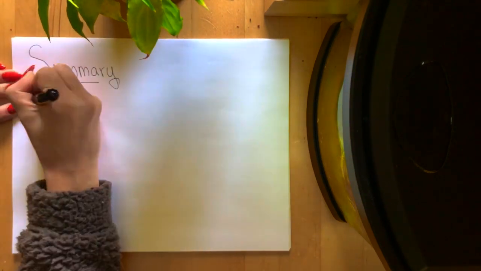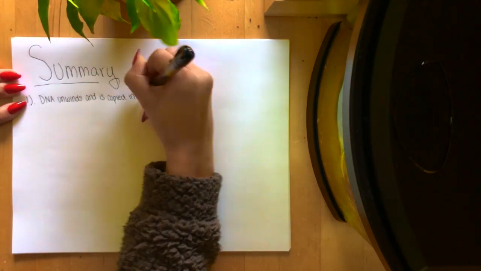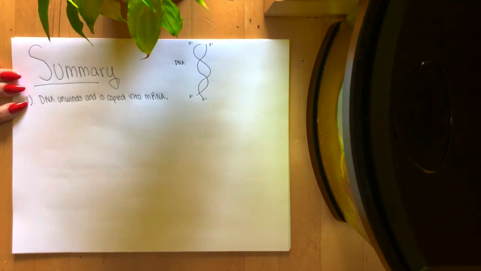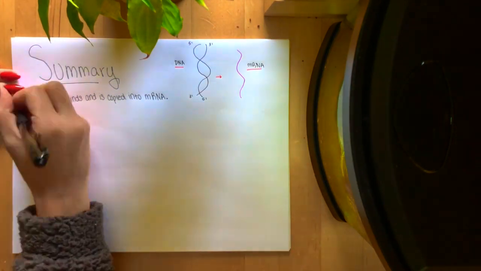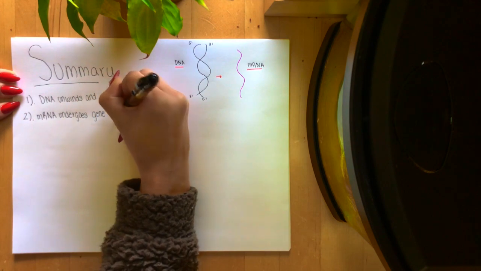To summarize, DNA will unwind and be copied into mRNA. From there, mRNA undergoes gene splicing.